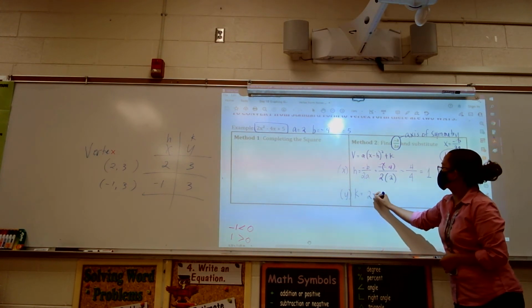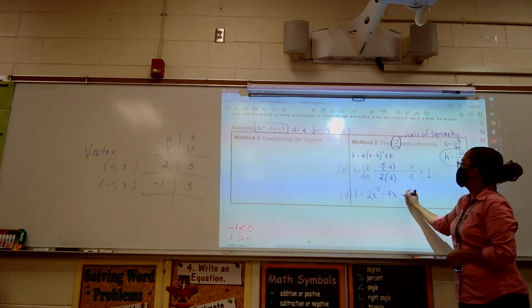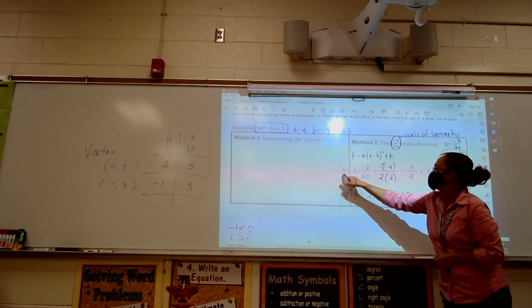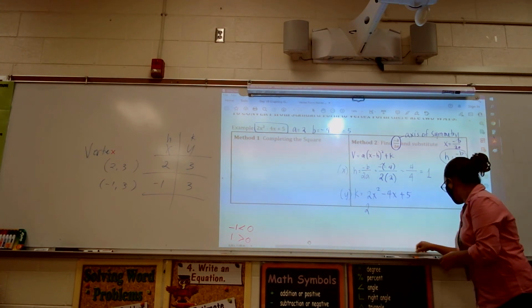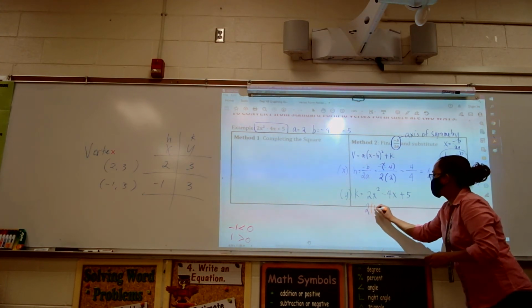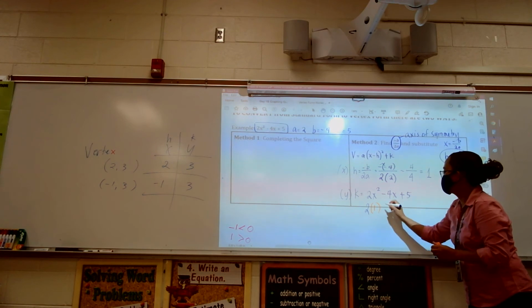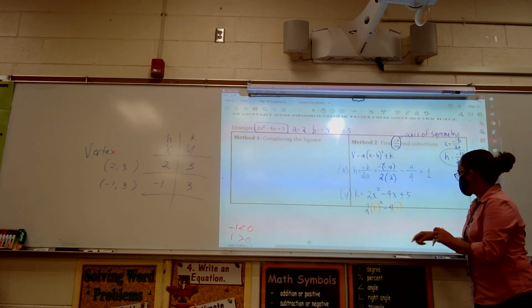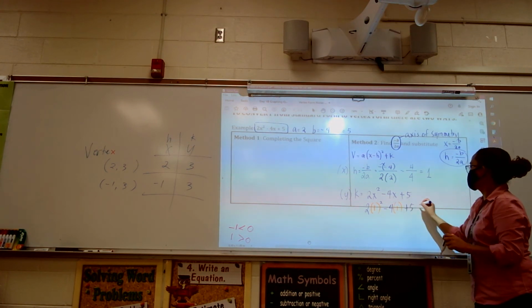So we have 2x squared. If x is 1, or h, look at that, x is 1. So 2 times 1 squared minus 4 times 1 plus 5.